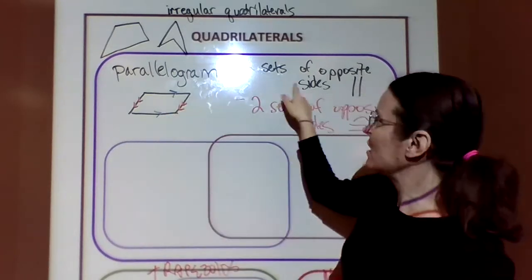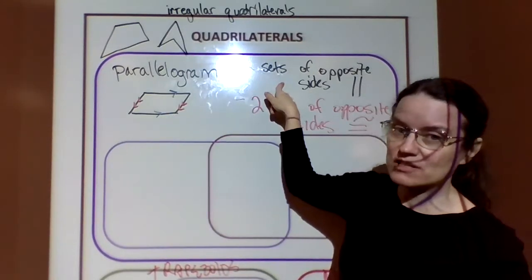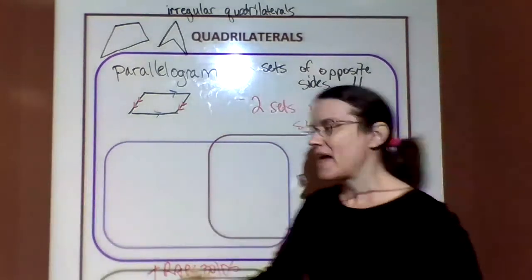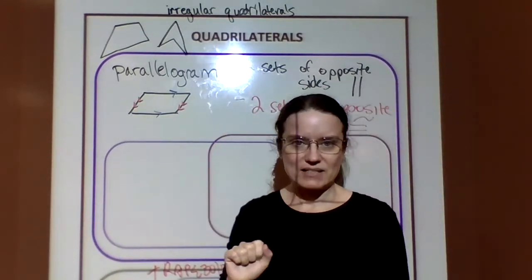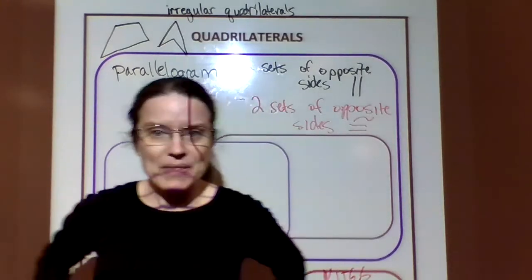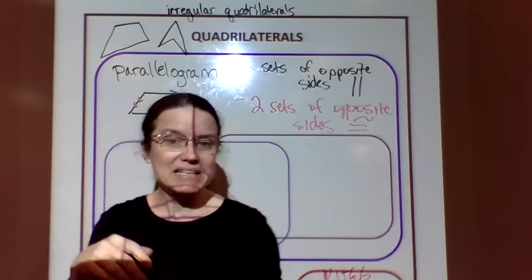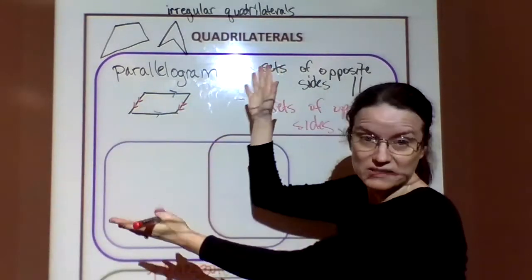That's why that's not included in the definition. The definition is just that the opposite sides are parallel. But straight from that comes that the opposite sides are going to be congruent. Okay? And you notice we didn't talk about anything with angles there, because this just talks about sides.